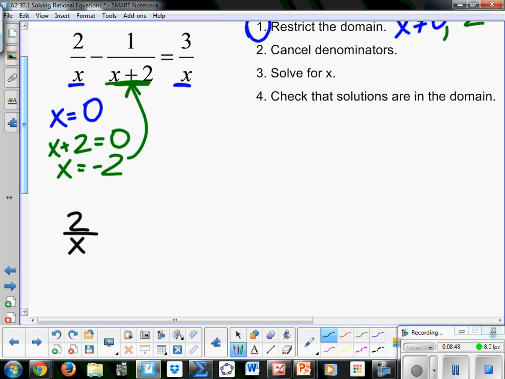So I'm rewriting our equation down here. So what are the denominators in our equation? Okay, well, we have x twice, and we've got x plus 2. Well, one way to do this is adding this side together first.